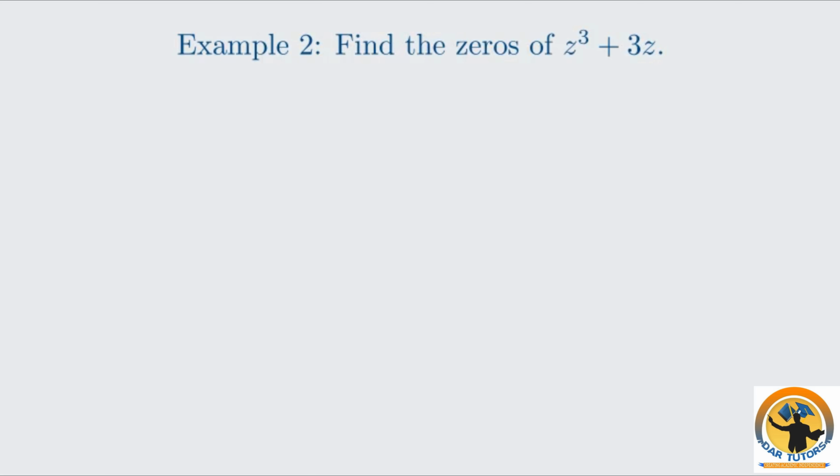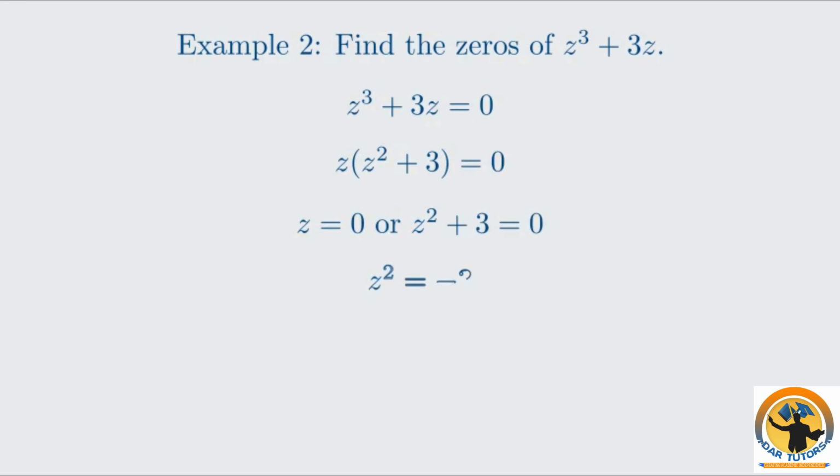Let's find the zeros of z cubed plus 3z. Again, we set the polynomial to 0. This time, we can factor out a common term, z. This gives us two factors, z and z squared plus 3. Setting the first factor to 0 gives us z equals 0.